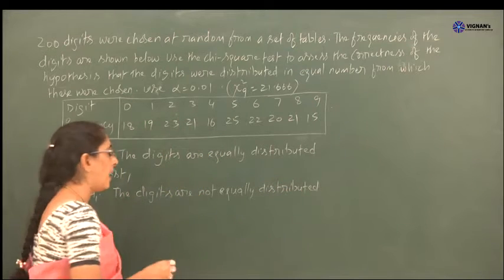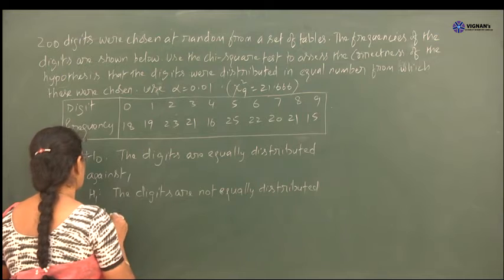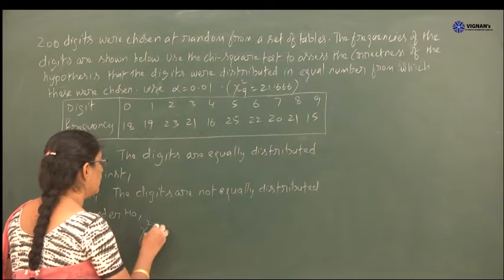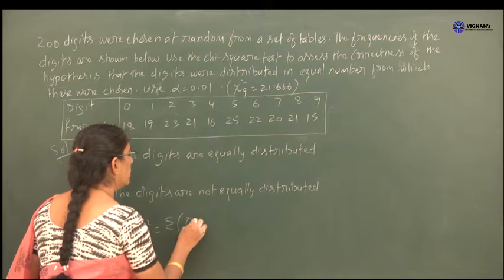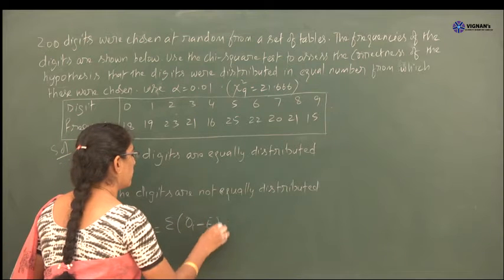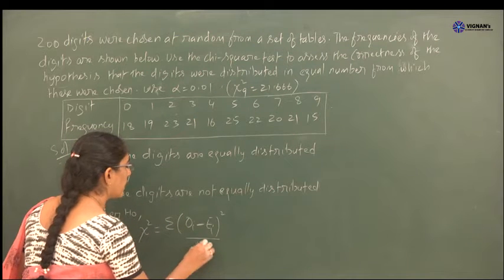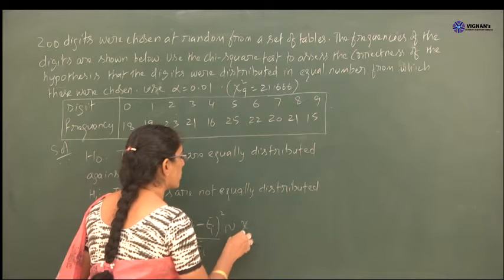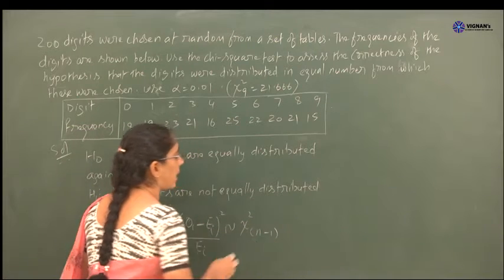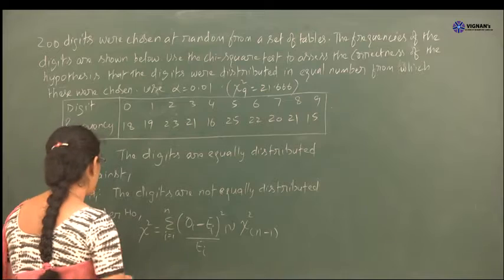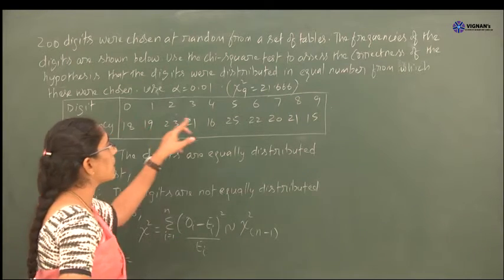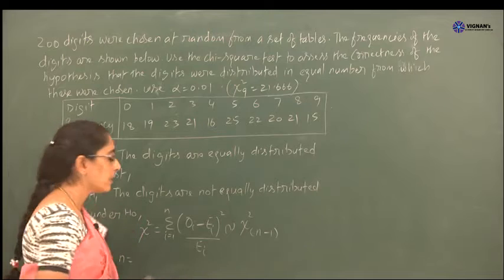Then under the null hypothesis, the test statistic is chi-square equal to summation of observed minus expected frequency whole square by expected, where i equals 1 to n, which follows a chi-square distribution with n minus 1 degrees of freedom. Here n means the number of observations. So 0 to 9 is obviously 10 observations.